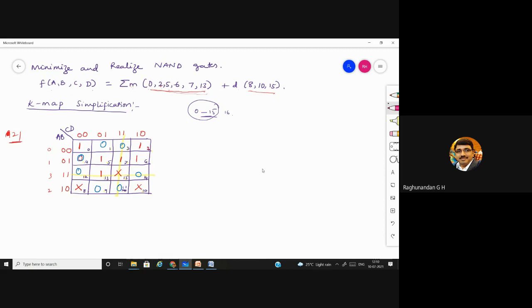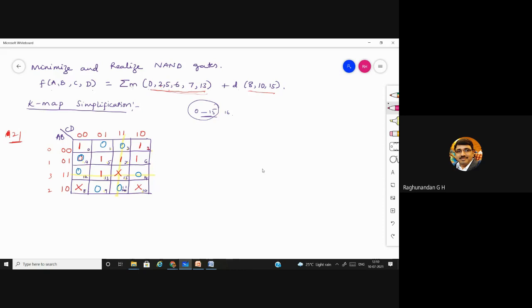We are just considering ones and don't care positions for grouping. So while grouping, you should group even values. That means you can take two boxes together to group, four boxes together to group, like that.